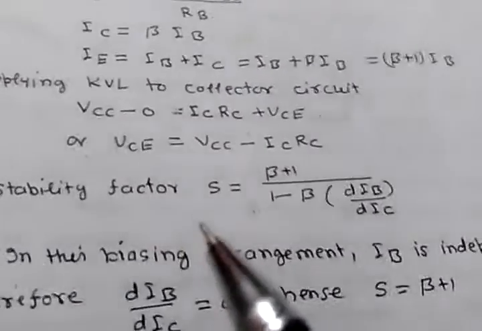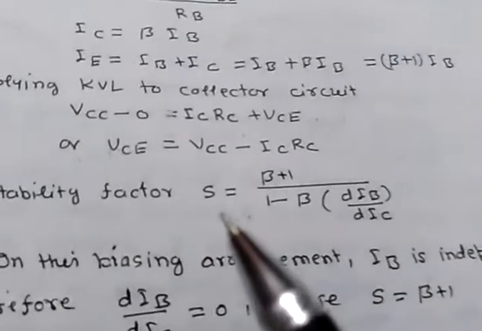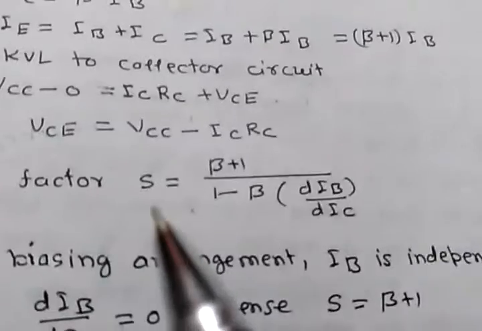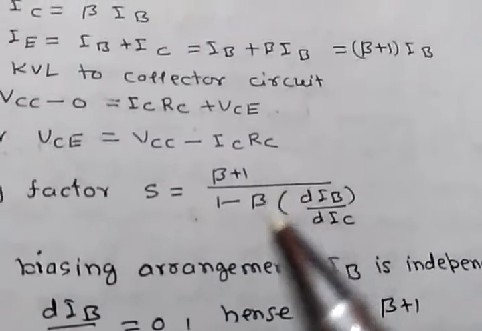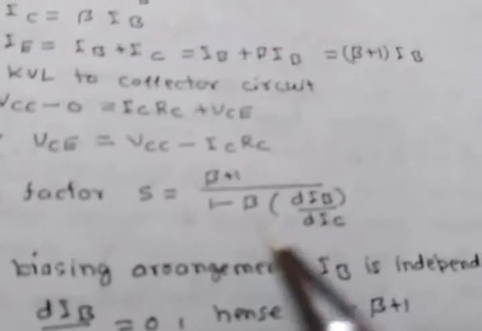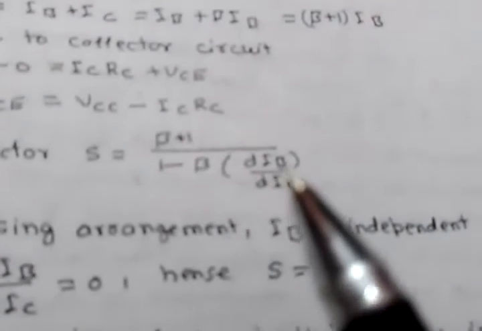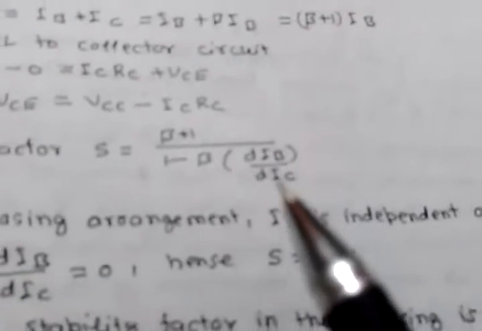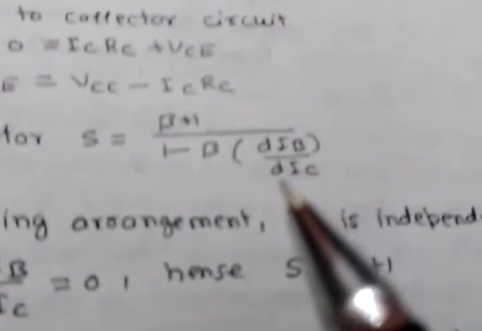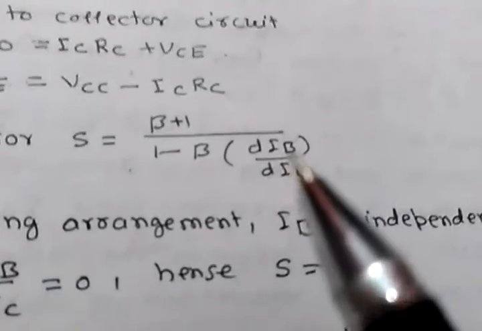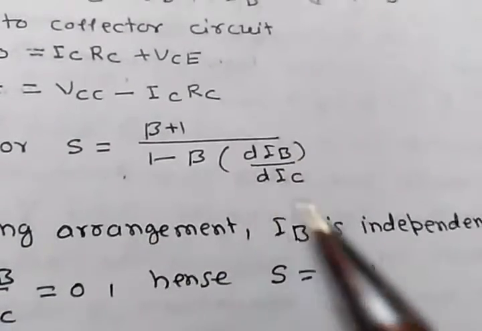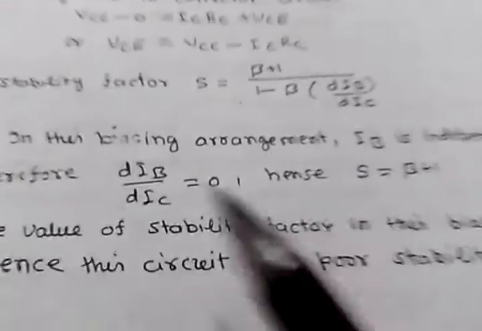The stability factor of the fixed biasing circuit is given by this equation: S equals beta plus 1 upon 1 minus beta dIB upon dIC. Here dIB upon dIC is the rate of change of base current with respect to collector current.